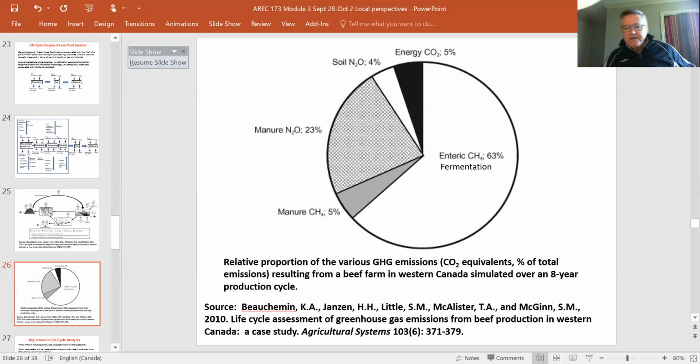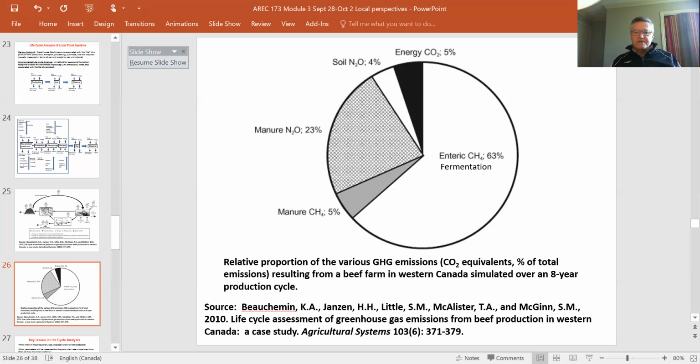Most of the greenhouse gases are methane emissions associated with the way that cattle digest food, which is fermentation in their stomach. That's different for cows compared to other types of livestock. Poultry and pigs have less methane emissions because they have different types of digestive system. But for cattle, this is fundamental.